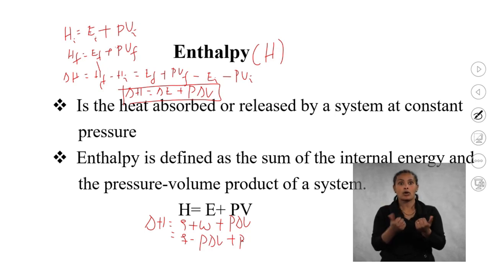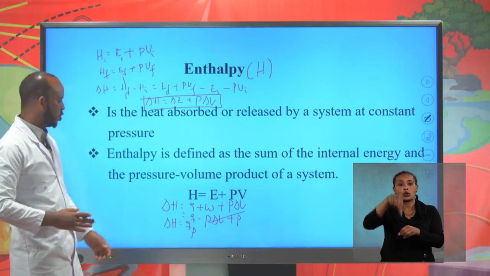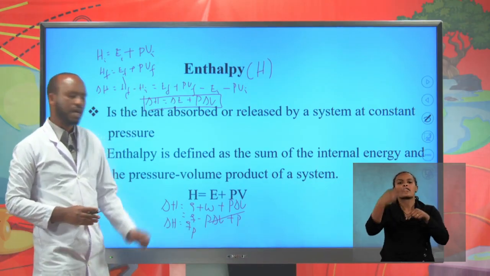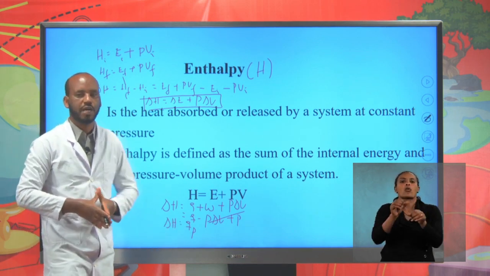Now minus P times change in volume plus P times change in volume is 0. This term is 0. Therefore, the change in enthalpy delta H equals heat absorbed or released by the system at constant pressure.